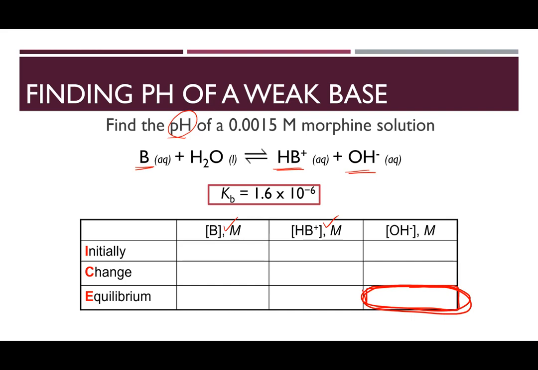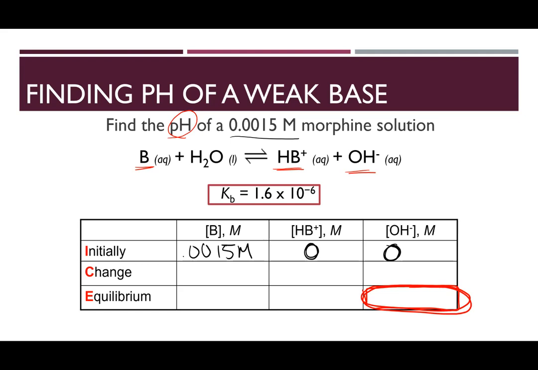Okay, so again, we are very interested in just one of these items, and that item is the hydroxide. Okay. All right, we are set up for success. Let's start plugging some numbers into our table. So the base solution has a concentration of 0.0015. We're going to assume, since there's no mention of the other two, that they were 0 to begin with.